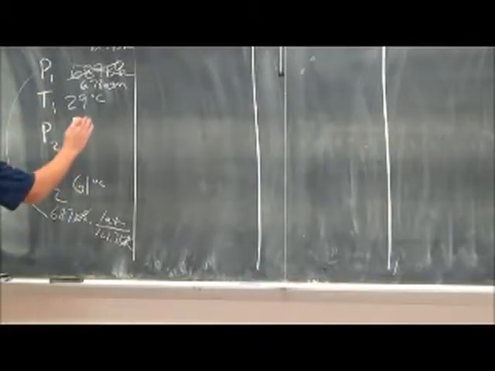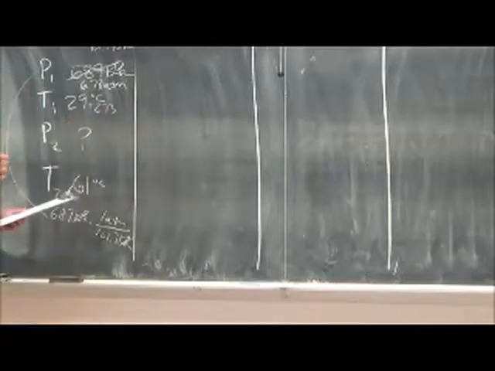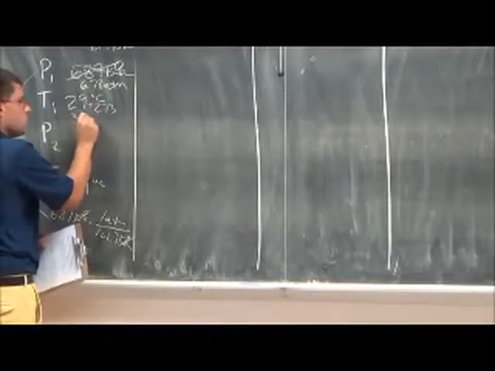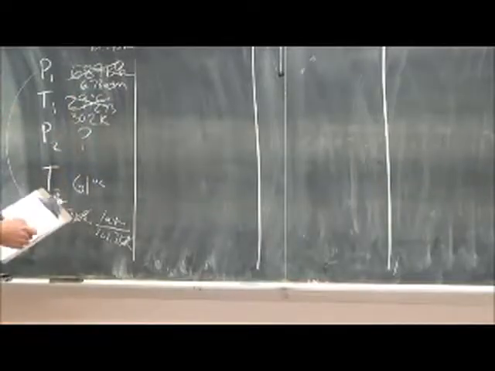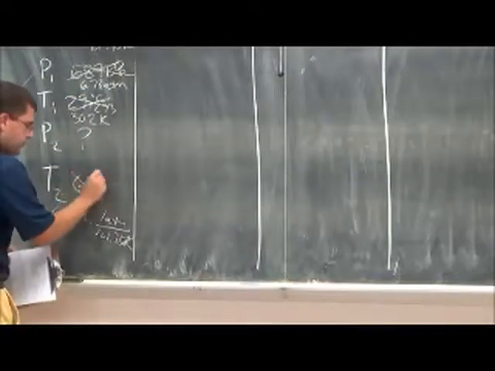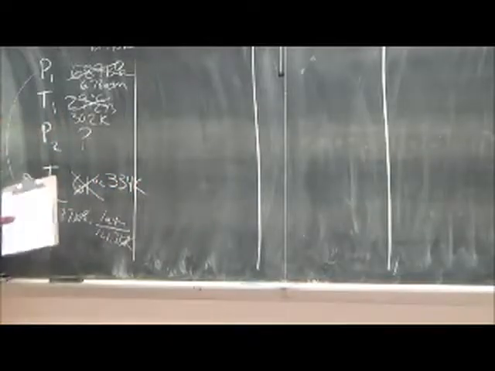So 6.78 atmospheres is our first pressure. Temperature, let's convert to Kelvin. 29 Celsius plus 273 gives us 302 Kelvin. Our final temperature, 61 Celsius, add 273, you get 334 Kelvin. Okay, now we're ready to go.